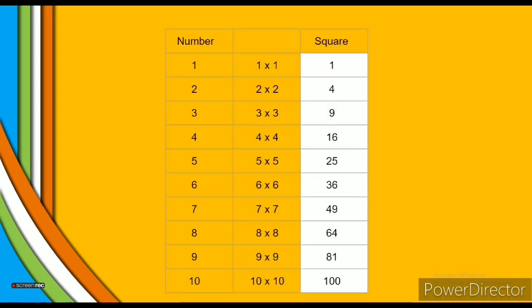Now, look at the table. Here, the numbers 1, 4, 9, 16, 25, 36, 49, 64, 81 and 100 all are perfect squares, because these numbers are obtained by multiplying a number by itself.